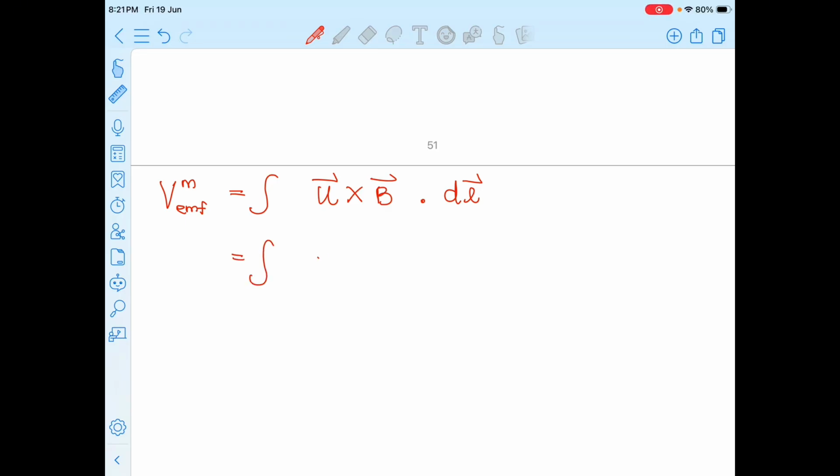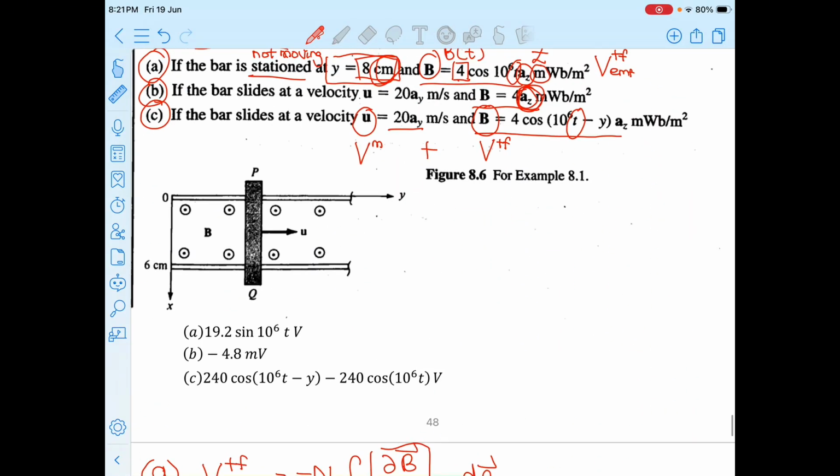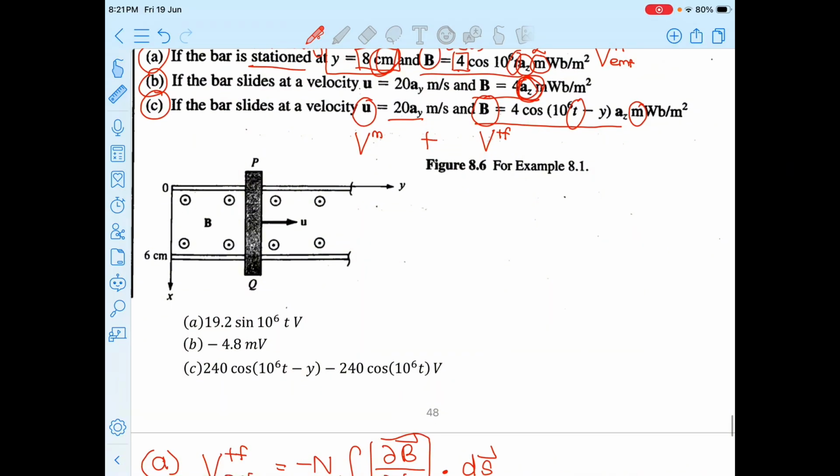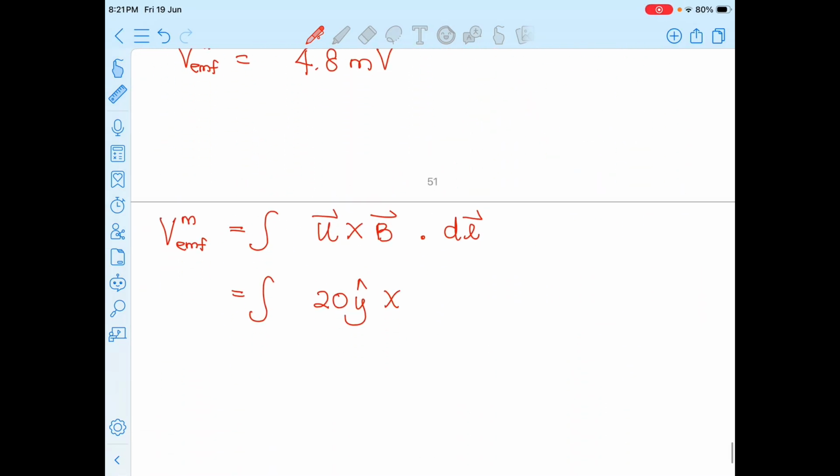The u is 20 in the y direction, cross product with B. Let's see what B is: it's 4 milli cos(10^6 t minus y), in the z direction.